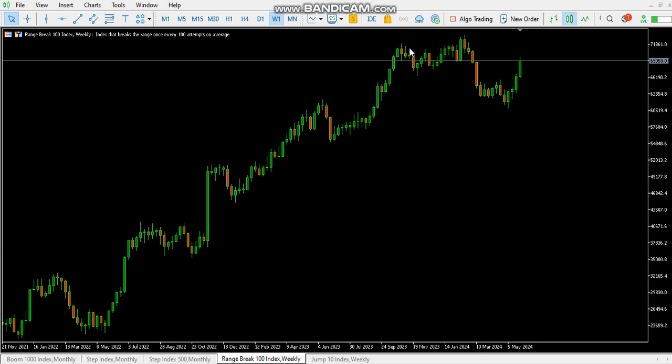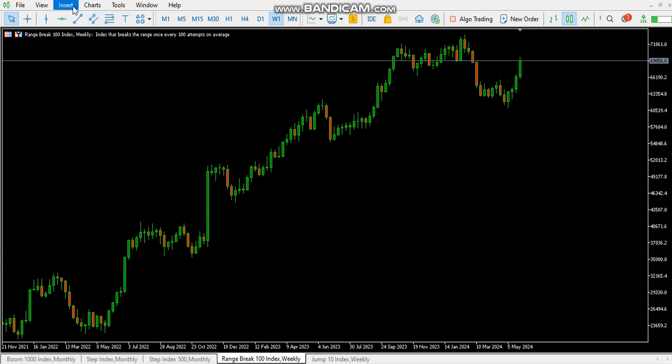We are seeing something like a double top, though not literally a double top, but close to it. So there's nothing much here.